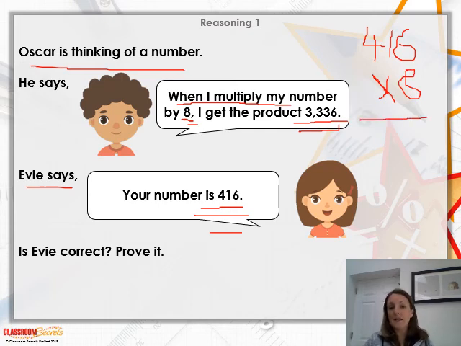So 8 times 6. Well, 8 times 6 is 48. And my 4 goes here. Well, I know straight away without doing any more of this that Evie is incorrect because there is a 6 as the last digit over here in the answer, and I know that 8 times 6 is 48, so Evie is incorrect.